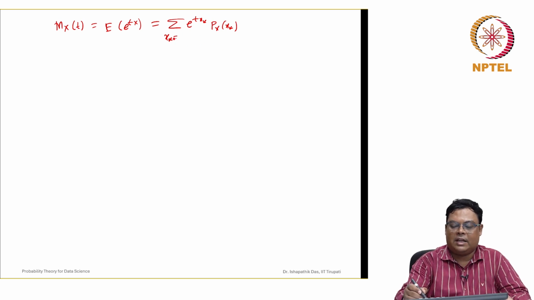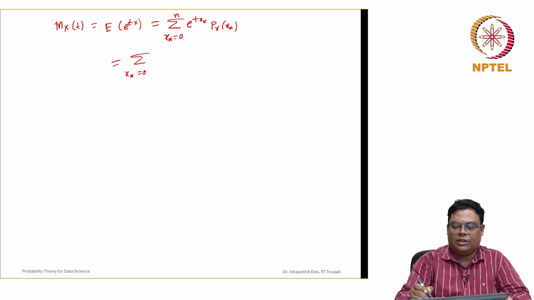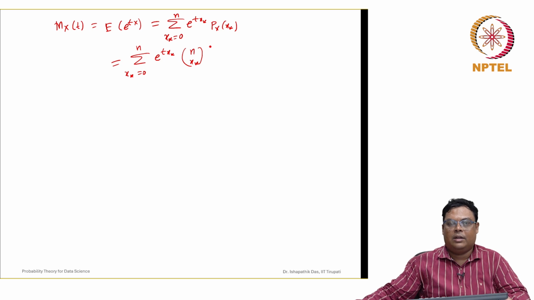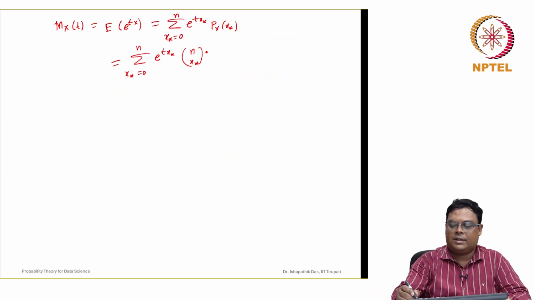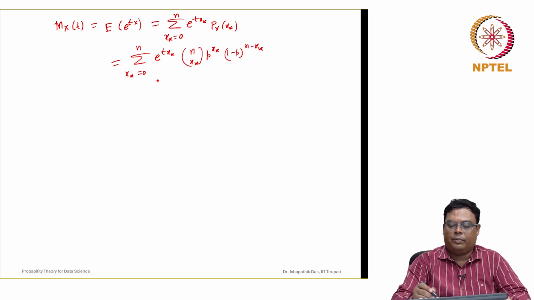So x_k can take the value 0 to n only. So this is the summation over x_k from 0 to n of e to the power of t x_k, then nC x_k, the probability mass function, p to the power of x_k (1 minus p) to the power of n minus x_k. Then let us see how we can simplify these things.